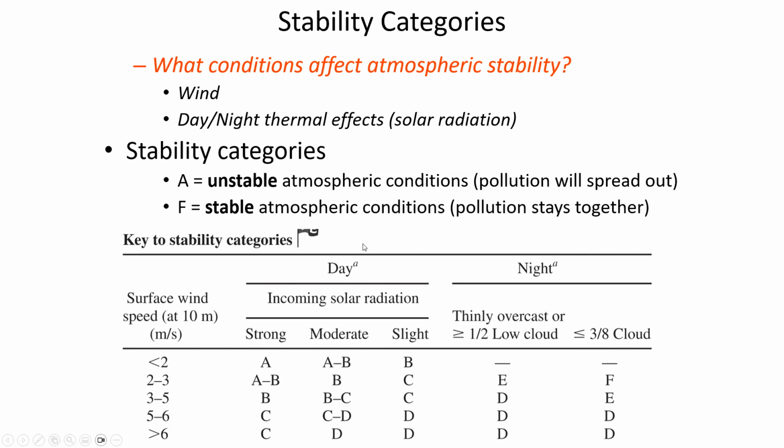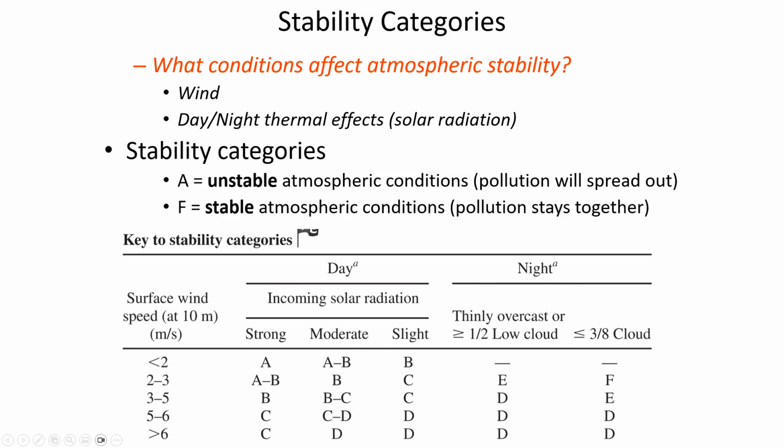So let's compare, for example, for a certain wind speed, the effect of solar radiation. So if the wind speed is between 2 and 3 meters per second, we've got strong solar radiation, then that's going to be unstable and the pollution is going to spread out more.